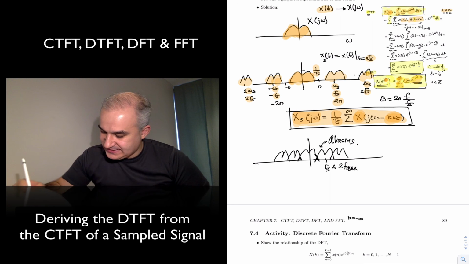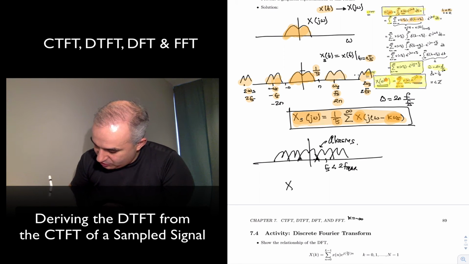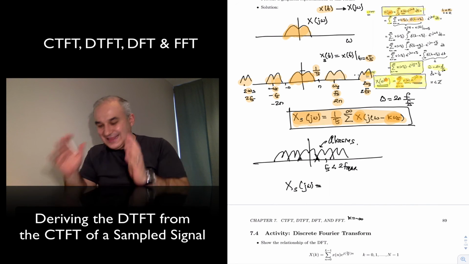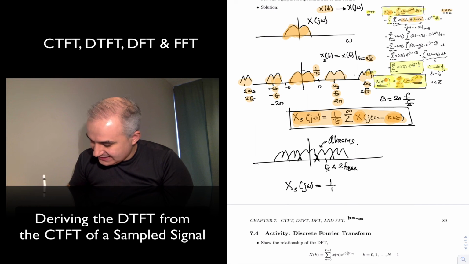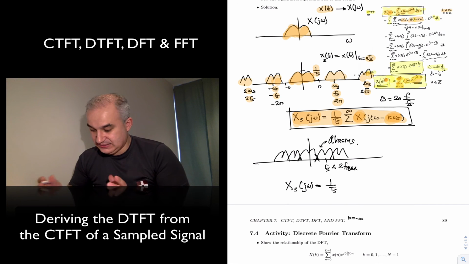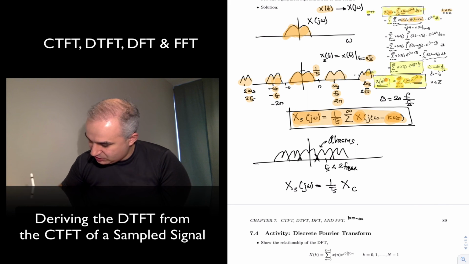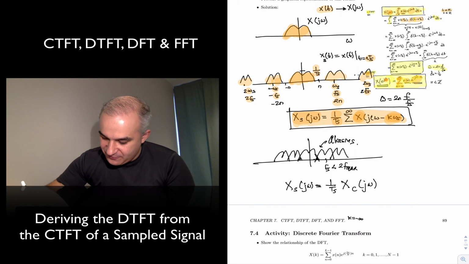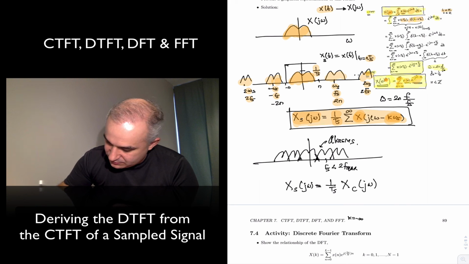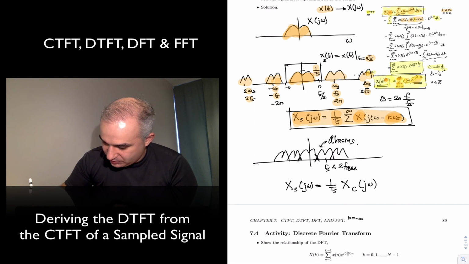You could also express it as that the spectrum of the sampled version of the signal is, this is mathematical equality, exactly equal to, within a scaling factor, 1 over Ts, that you multiply, the spectrum, I'm not going to put a sum, the original spectrum of the continuous signal, but for what? For this period. And this is what? Fs over 2.